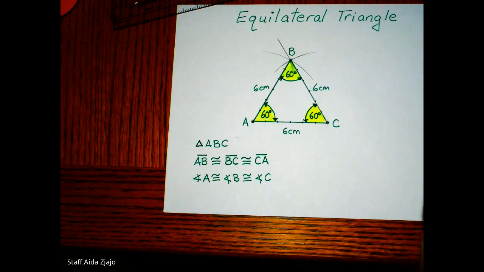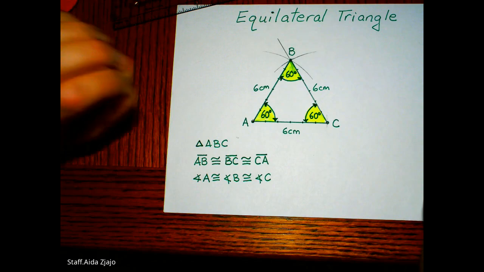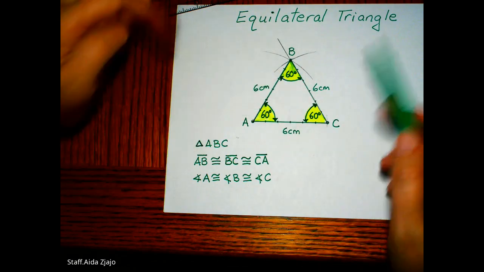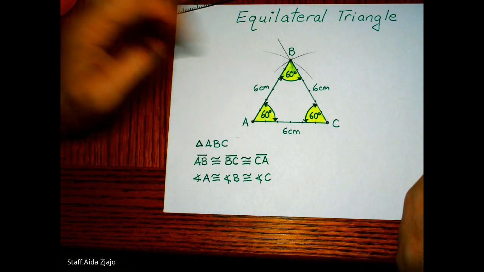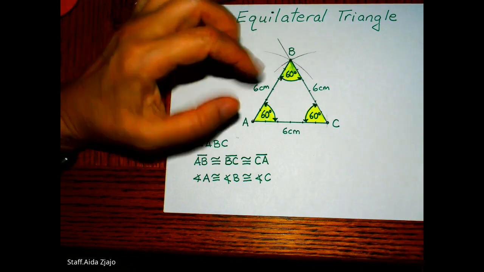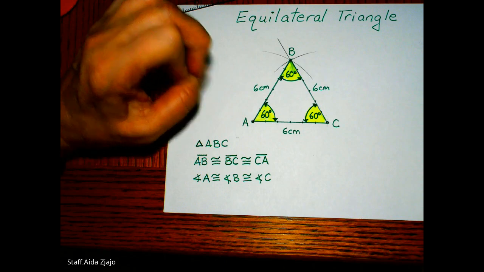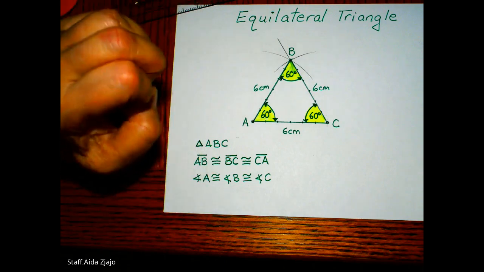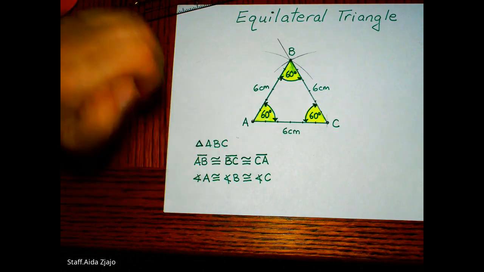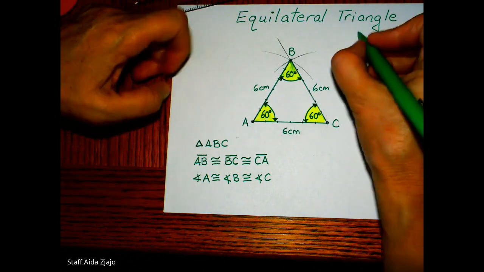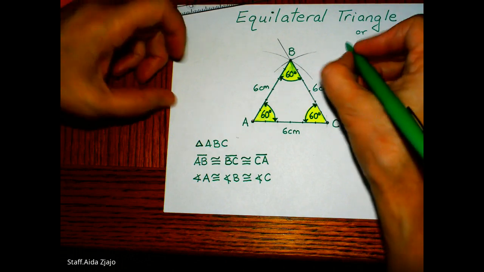But it also can have a nickname, which is by their angles. Every angle is less than 90 degrees. So if the angles in a triangle are less than 90 degrees, that triangle can be called an acute triangle. So it is an equilateral triangle or acute triangle.